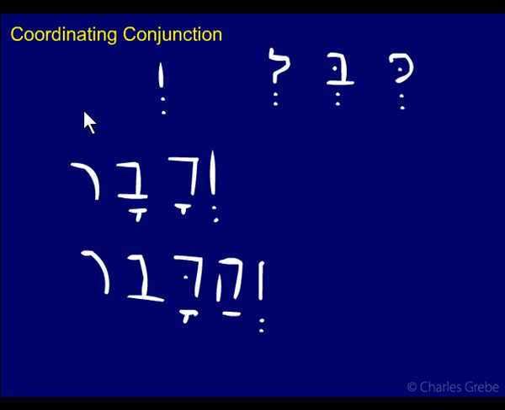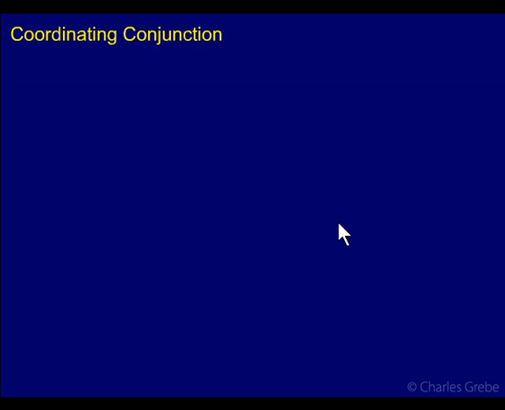In any case, the first thing I want to look at here is the vav normally looks like this. It's the normal way it looks. But there are some other ways that it can show up. The second is that it follows the second rule of Shava, which you've seen, and so you have different vowels that can show up under the vav.